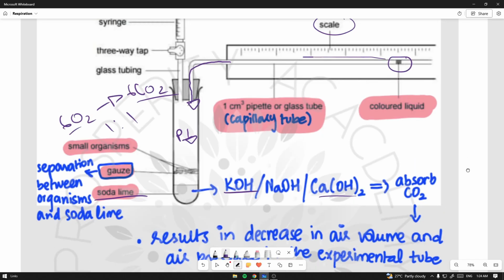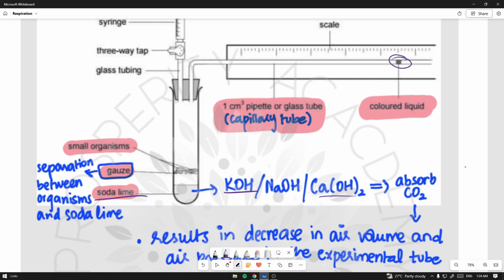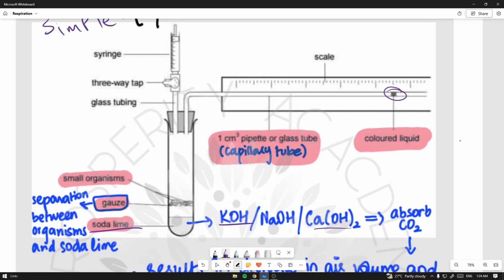And we can study the rate of oxygen intake by timing how much oxygen is being moved. So the formula goes like this. It's volume of O2 by time.